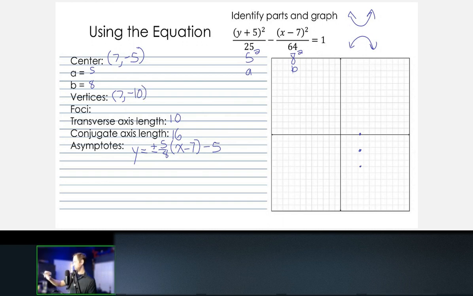So there's that bottommost point, that vertex. And then the other one, we are traveling up 5 units from -5. So -5 plus 5 gives us 0. And we can confirm these points visually because we graphed them first. We can see that, yeah, that's definitely 7 comma 0, and that's definitely 7 comma -10.